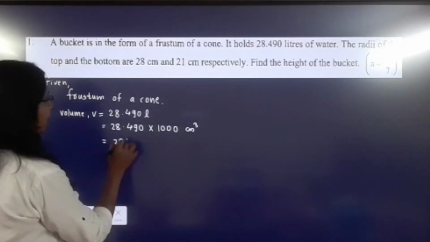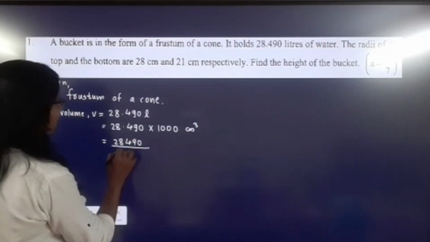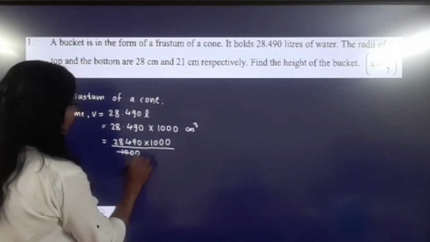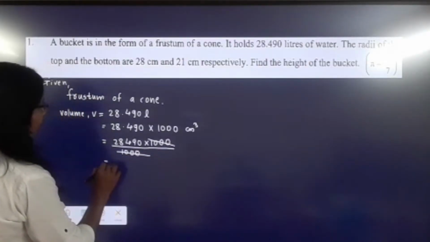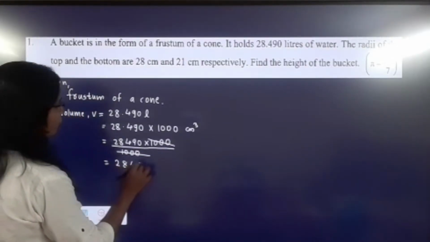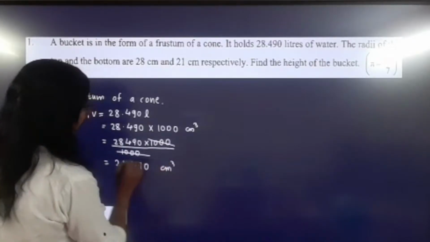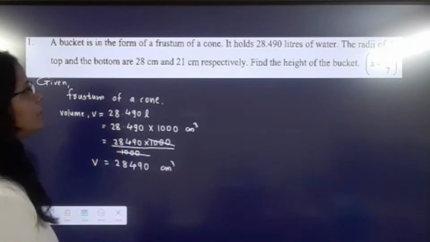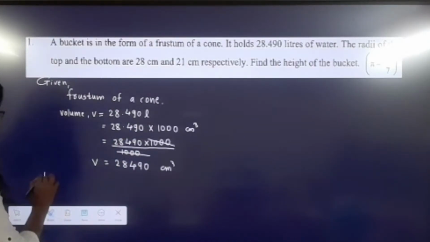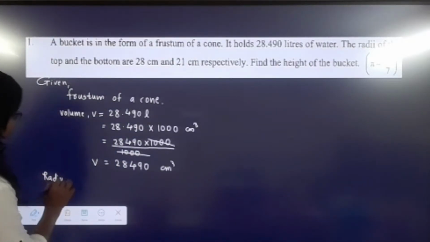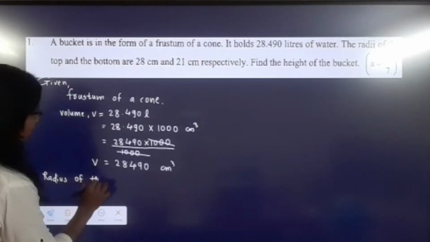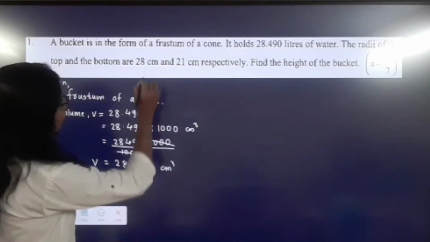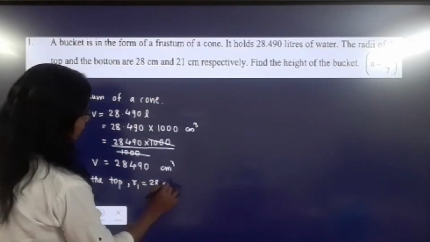So here 28.490 multiplied by 1000, and the 1000 gets cancelled, and we get 28,490 cubic centimeter. Okay, students, so the volume becomes this. Then next, the radius of the top, mentioned by R1, is equal to 28 centimeter.